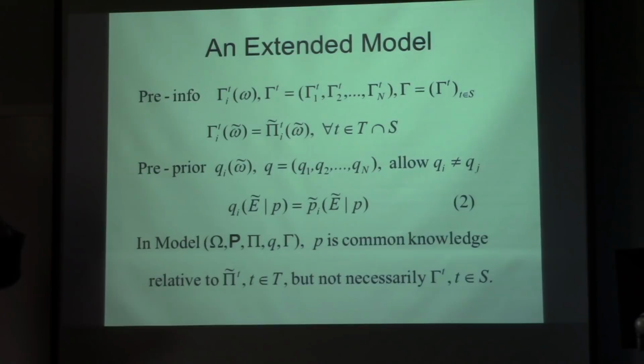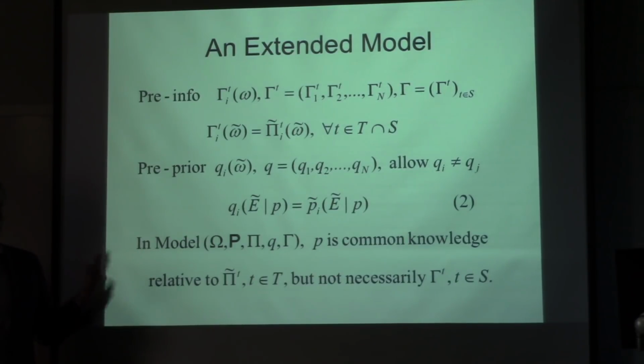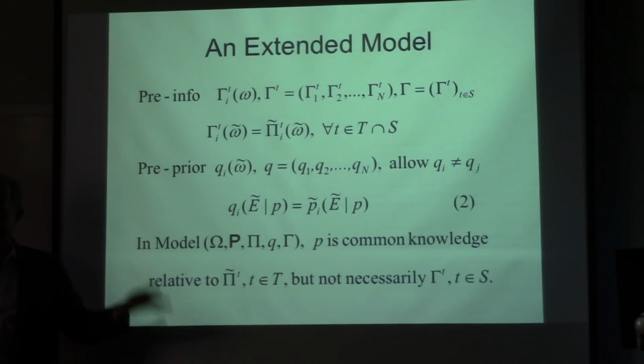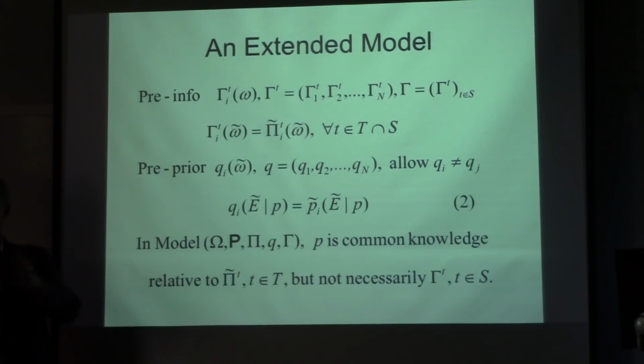So there's a connection now between the pre-prior and the prior: this equation demands that the prior be the natural updating of the pre-prior on learning the fact that everybody has a particular prior. And that's a key connection between this extended space and this more traditional standard space.